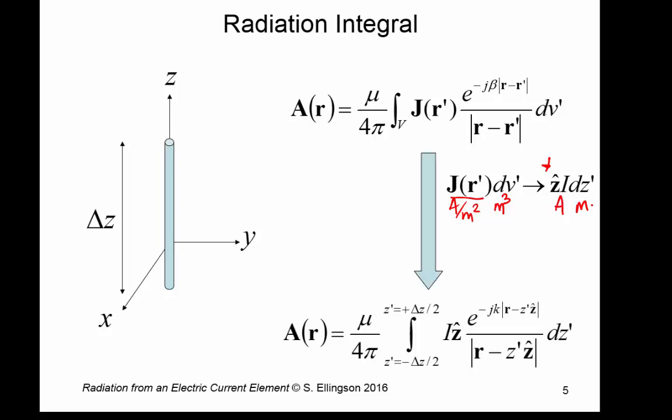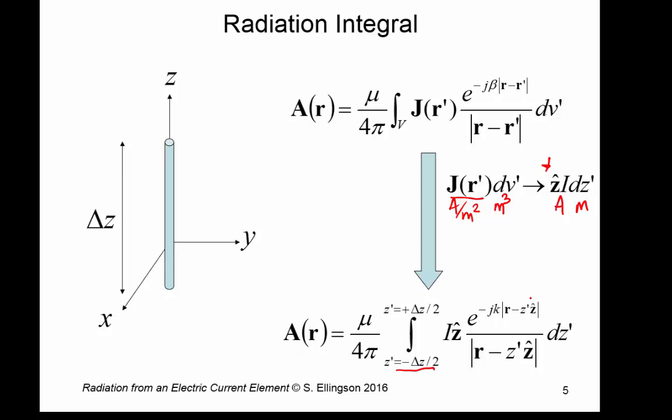So I make that substitution. The specific form of the radiation integral now looks like this, where I have now identified the endpoints. I'll be integrating from minus delta Z over 2 to plus delta Z over 2 of this specific formulation.